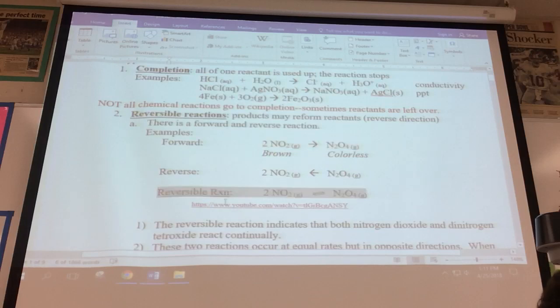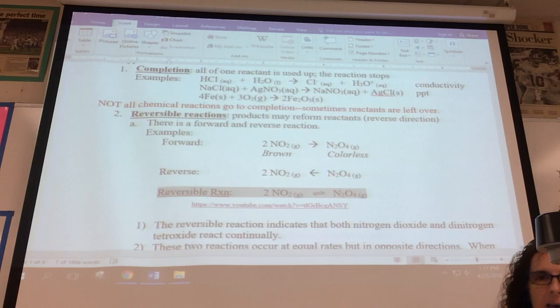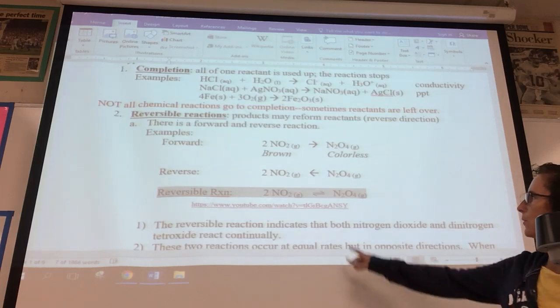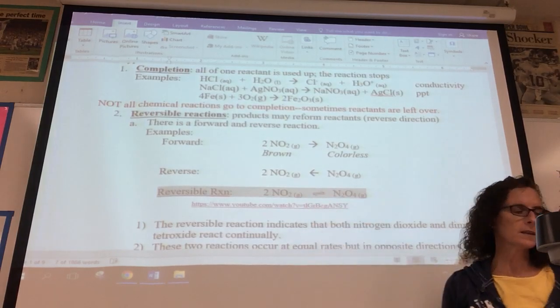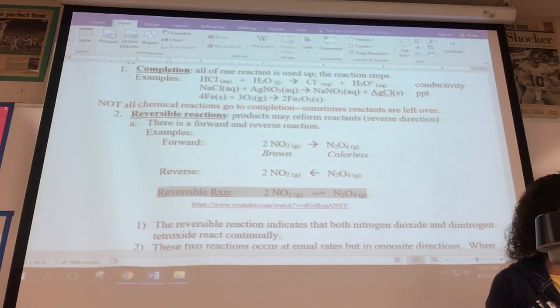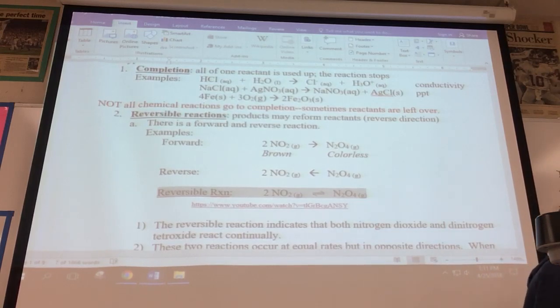And nobody wants to write all of that out, so instead we represent this reversible reaction with this double arrowhead shown here. And when the solutions are colored, you can see what substance you have, whether it's reactant or product. And this can be affected by changing concentration, changing pressure, changing volume, changing temperature.